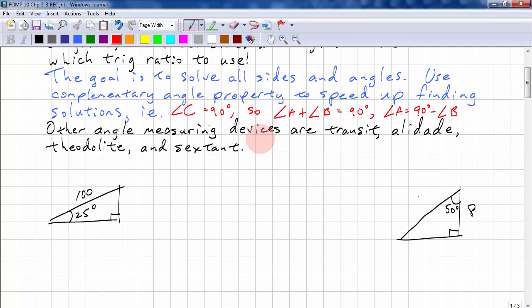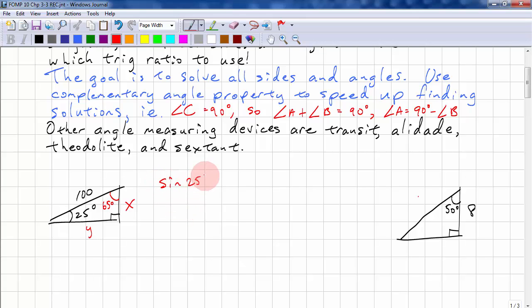Okay, so the complementary angle is easy to solve. This is 90 minus 25, that's 65 degrees. The next thing, we label the sides. The labels help us figure out which side is which at the end. So from the 25 degrees, we have hypotenuse and opposite, so we're using sine.